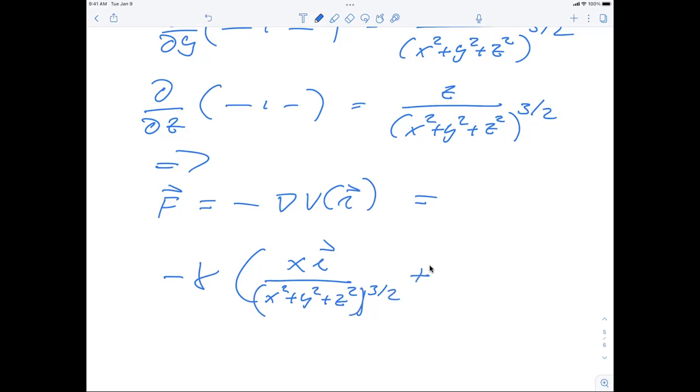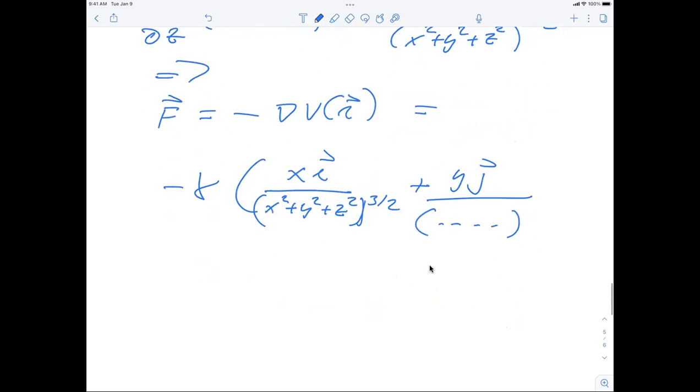Then I get a plus y times the vector in the y direction, and now I'm getting lazy, so I just put dots in here. It's the same here, and then plus z times k divided by this quantity to the power of 3/2.